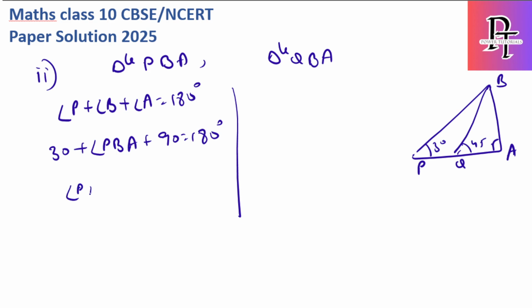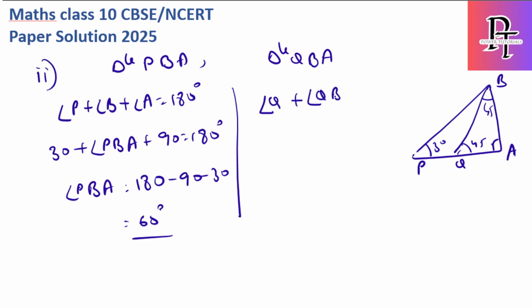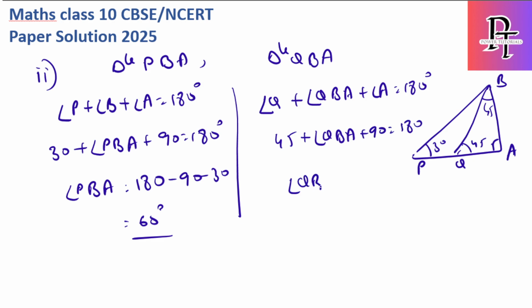So angle PBA will be equal to 180 minus 90 minus 30, which is 60 degrees. What about QBA? QBA is easy because we already know this is 45, this is 90, so this also will be 45. But still I'll write it here. Angle Q plus angle QBA plus angle A is equal to 180. 45 plus angle QBA plus 90 is equal to 180. So angle QBA is equal to 45 degrees.